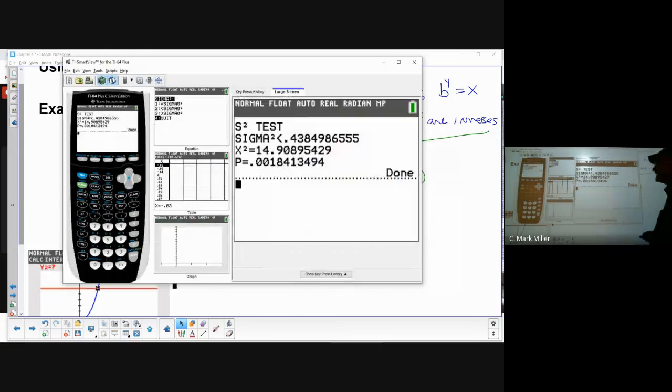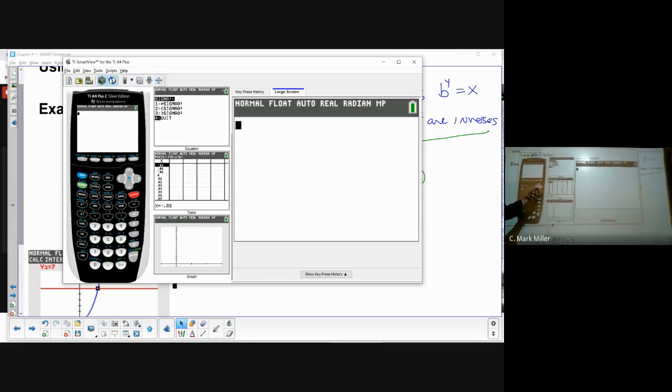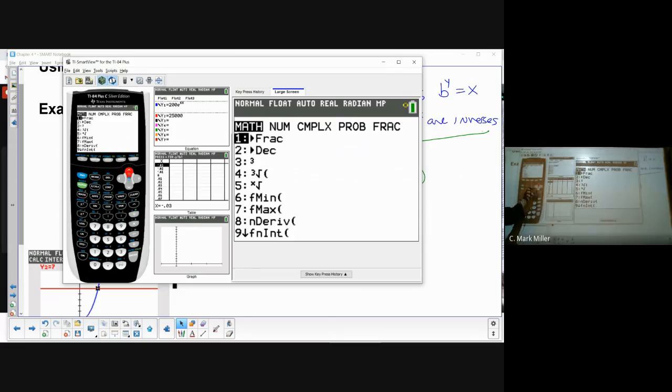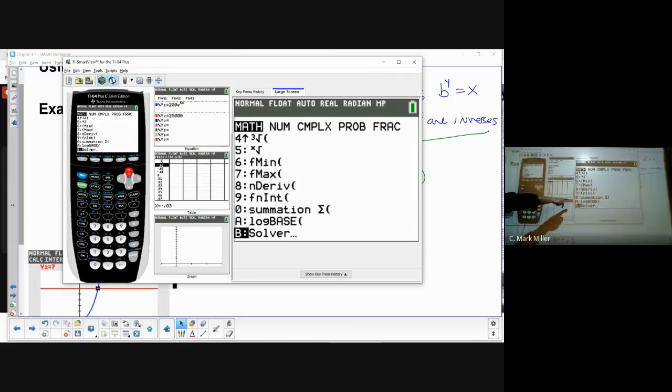I wondered for a second. Oh, there's a little bit of statistics, right? Maybe on math here somewhere. Log base. There you go. That'd be interesting.